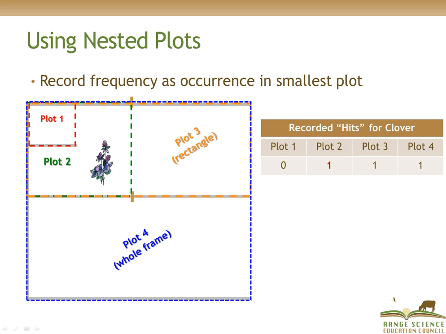So we would record this as occurrence in plot 2, and by extension, we know that it occurs in plot 3 and plot 4, but we would only record the smallest number. This is a dynamic approach, and it facilitates comparison even if plot sizes need to change. So by using nested plots for measuring frequency, we can then compare year after year.